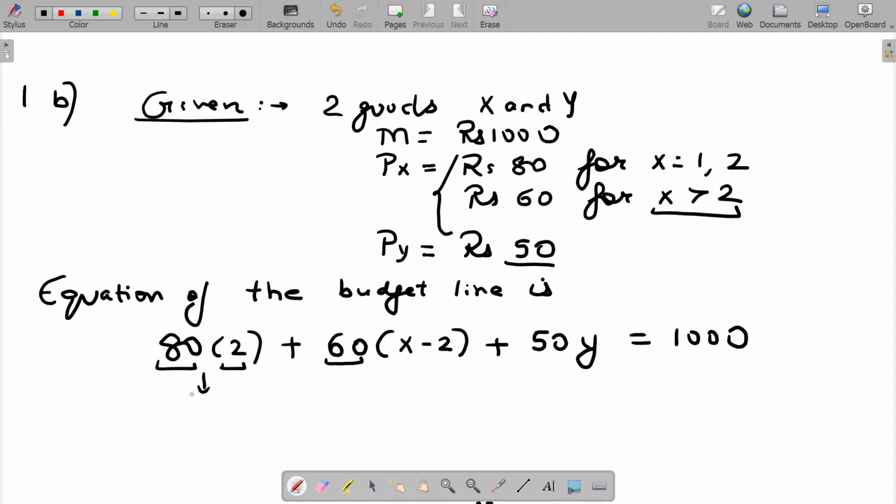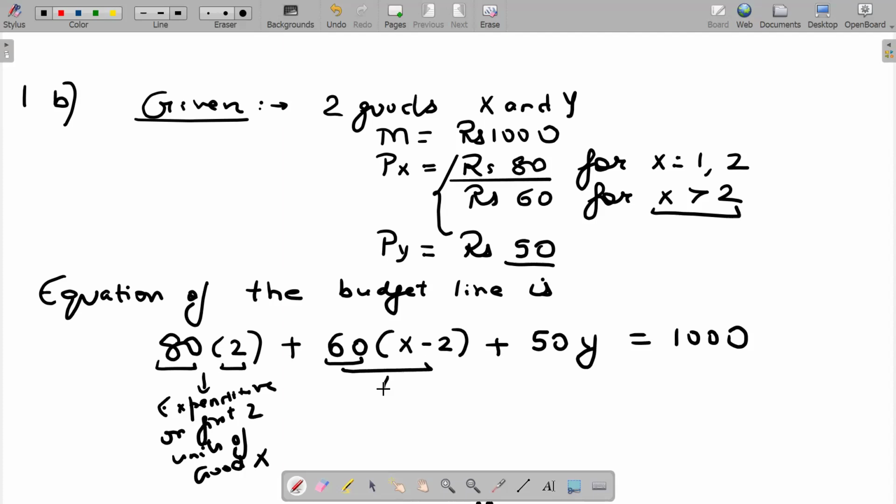So I can write, this is the expenditure on the first 2 units of good X, because the first 2 units of good X are bought at a price of 80 rupees.